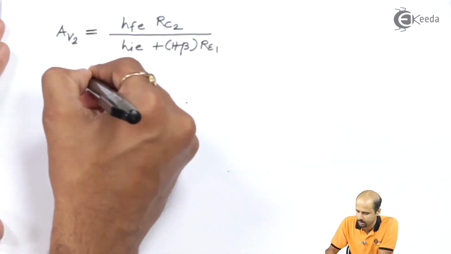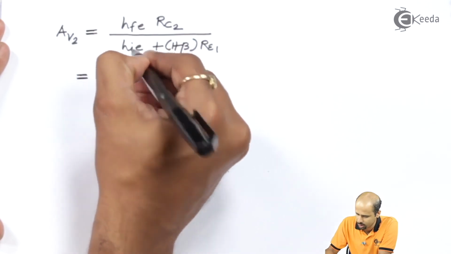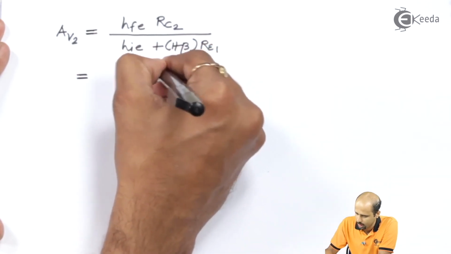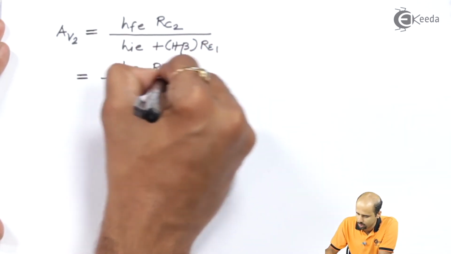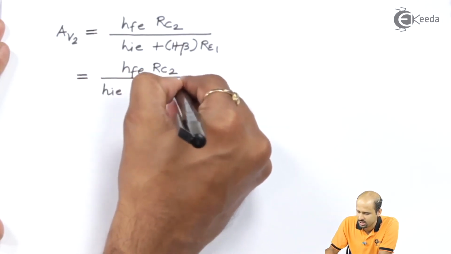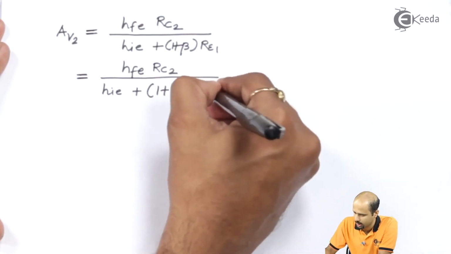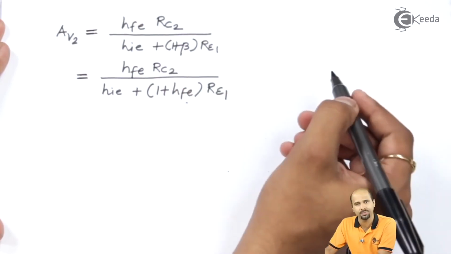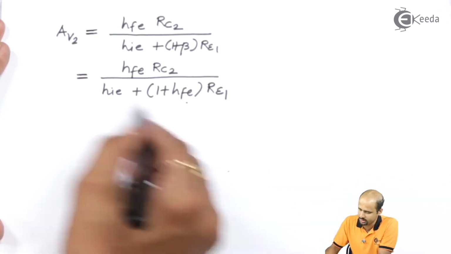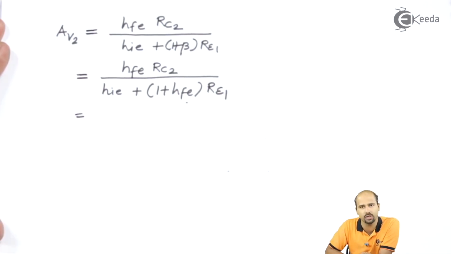So here I'll write the formula in terms of h parameters. This is nothing but hfe into RC2 divided by hie plus 1 plus hfe into your RE1. Just calculate all these factors, and then we'll get the value of AV2, obviously with a minus sign.